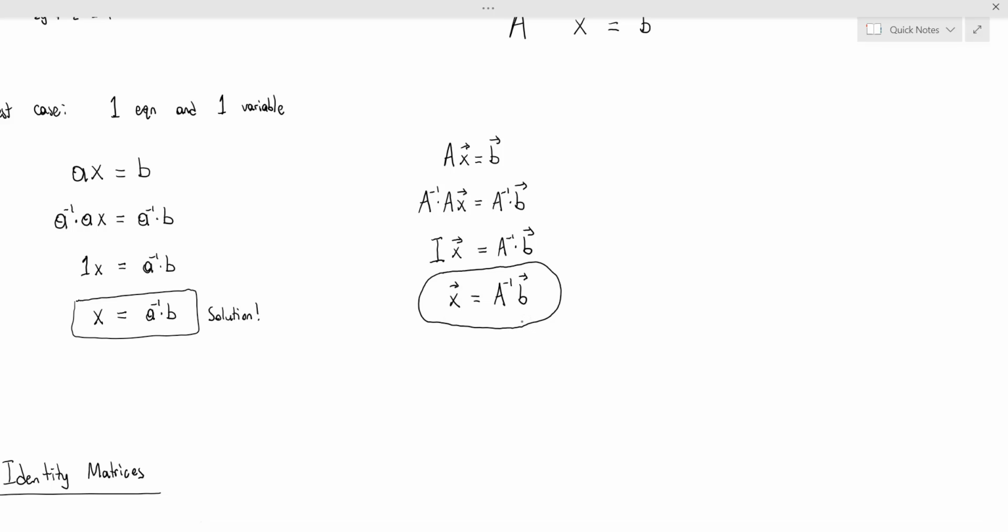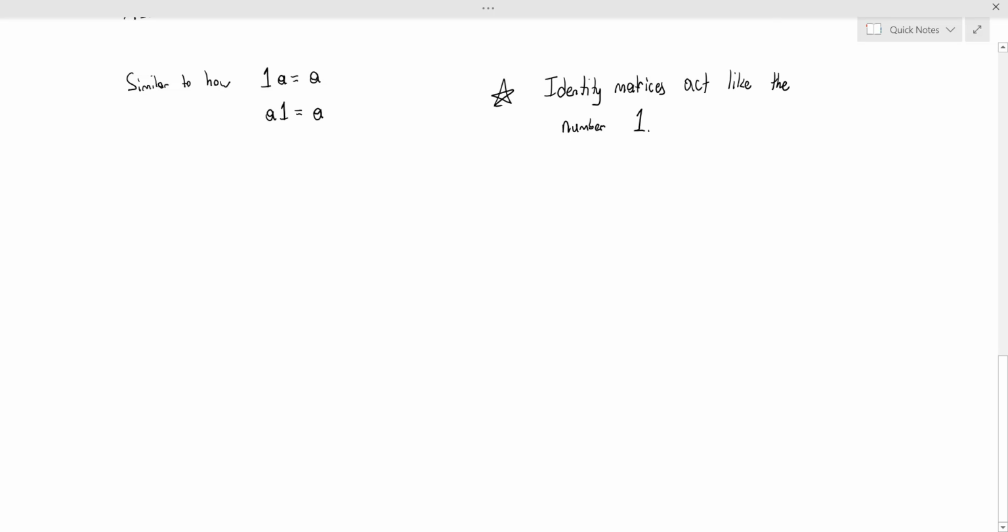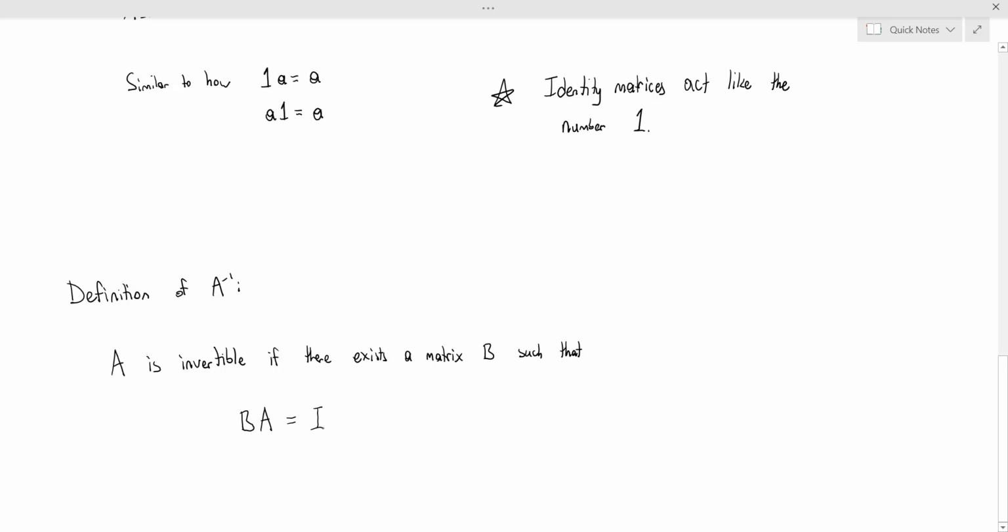So with that, we can now define what the inverse of a matrix is. I'll do that at the bottom. Okay. So we say that a matrix A is invertible if there exists a matrix B such that B times A equals an identity matrix.